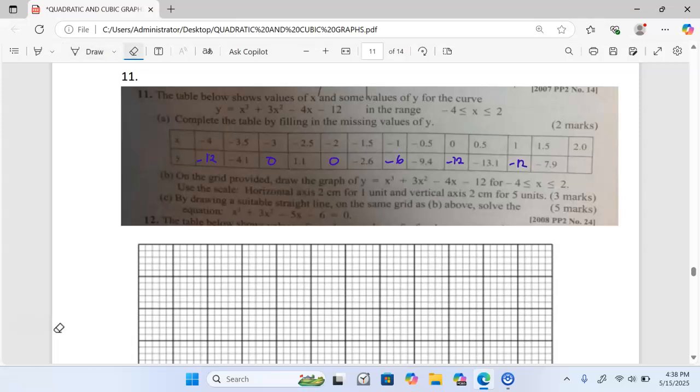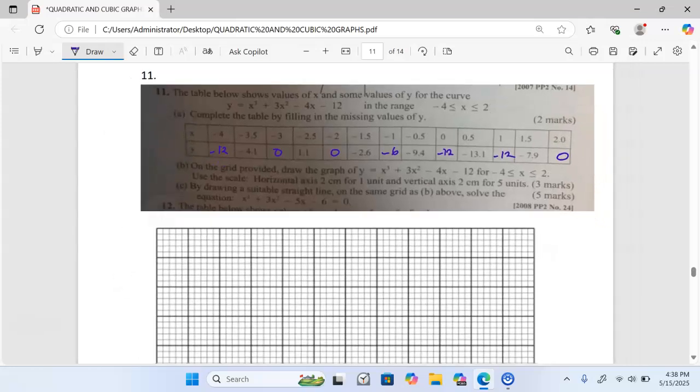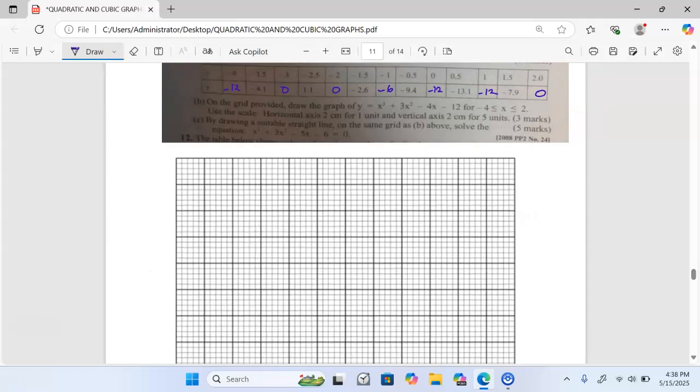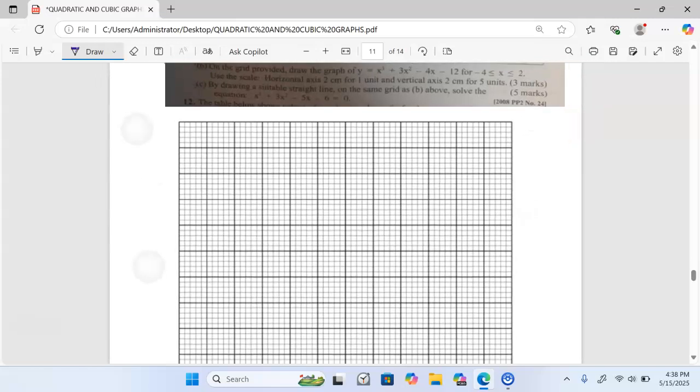When x is 2, the value of y is going to be 0.